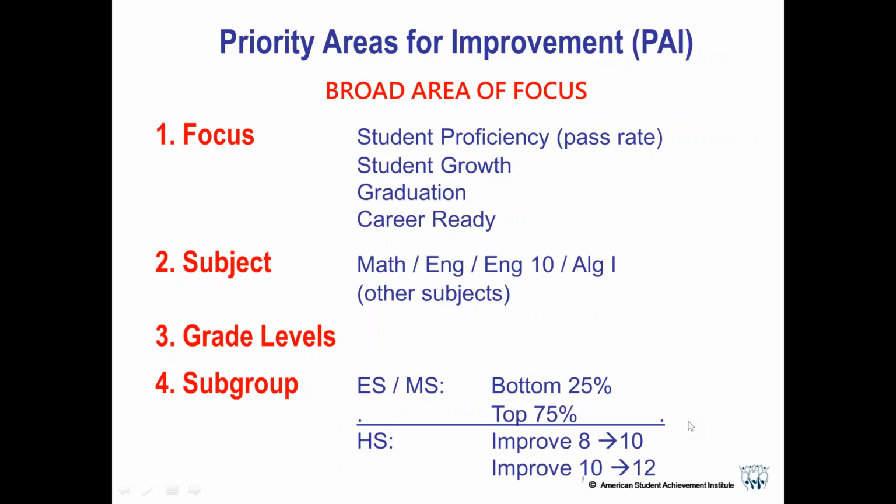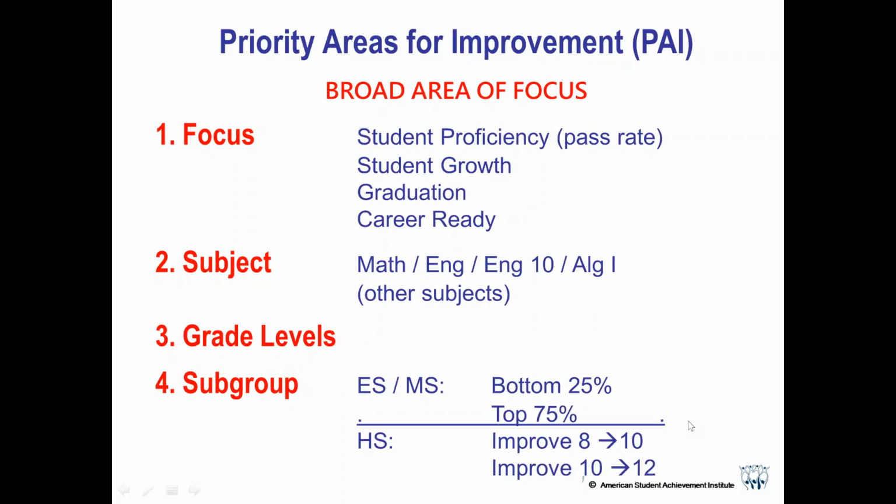The other thing I want you to focus on this slide is that this slide is directly aligned with the Student Achievement Plan format from the Department of Ed. So we ask you these 4 questions because on the form that you will turn into Department of Ed later, that form asks you these 4 questions.